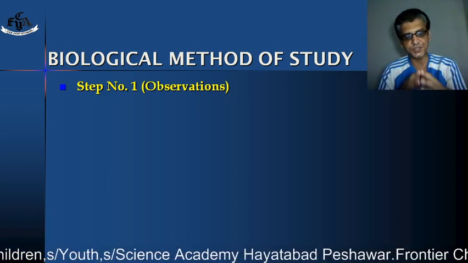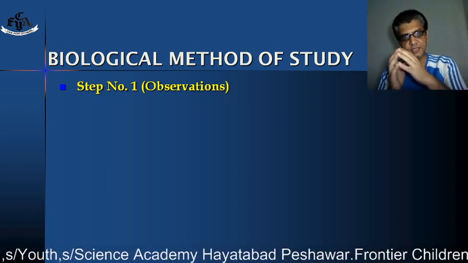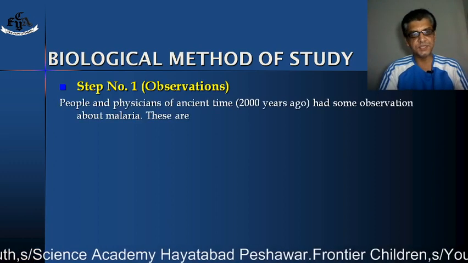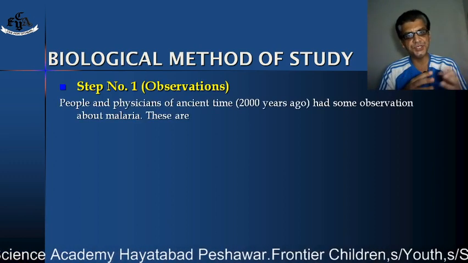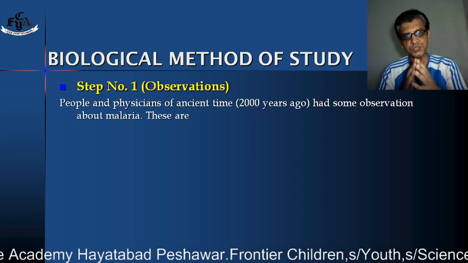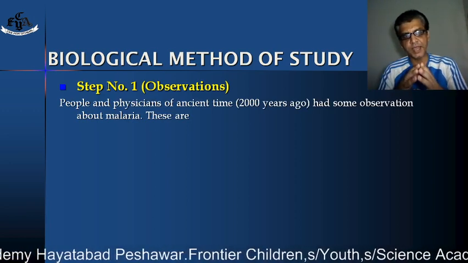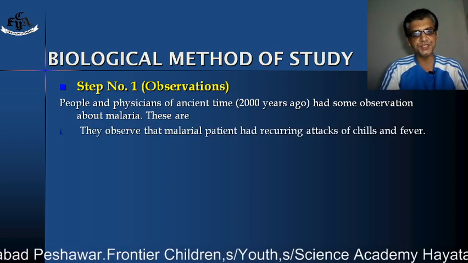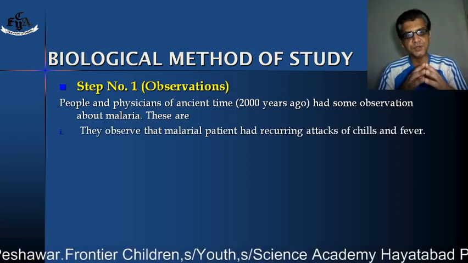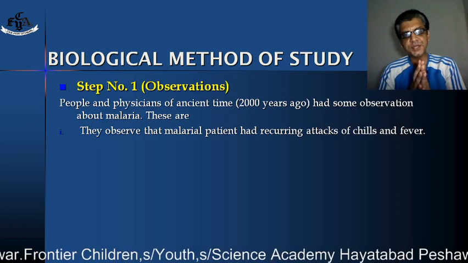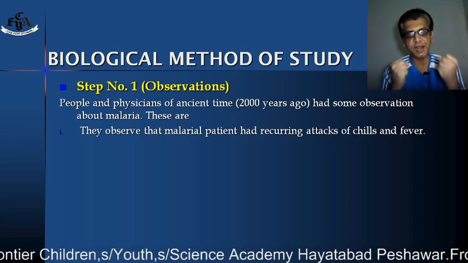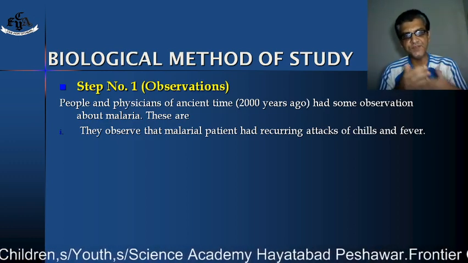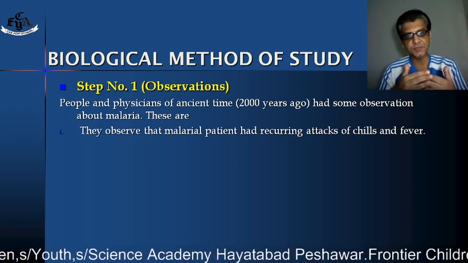In this case, the people and physicians of the past, almost 2000 years ago, had some observations about malaria. They observed that malarial patients have recurrent attacks of chill, cold and fever again and again.